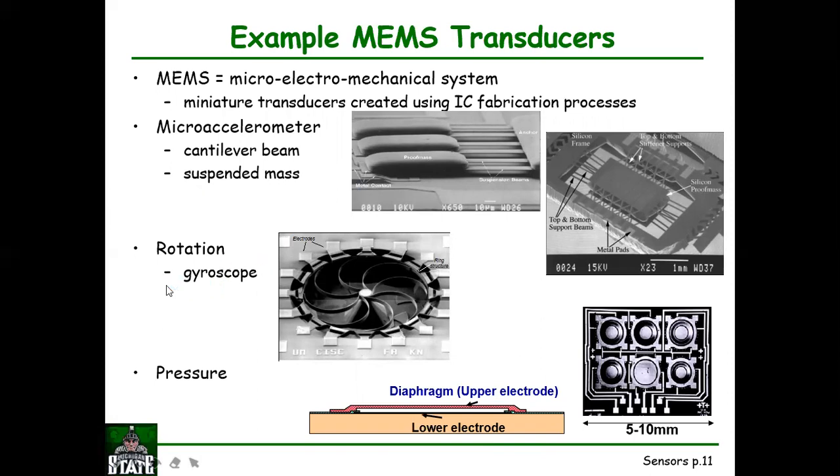For rotation, it is a gyroscope. What is a gyroscope? There is some rotation in your gyroscope. For pressure, how will you convert this pressure into an electrical signal, right? When you apply pressure on this diaphragm, there will be movement in the diaphragm, and that movement will get converted into your electrical signal.